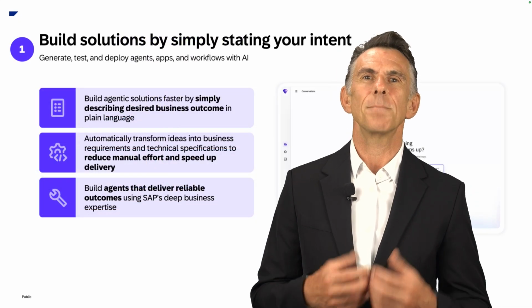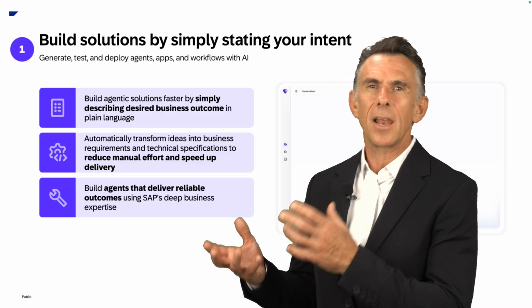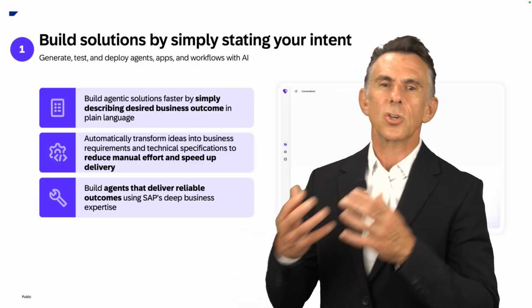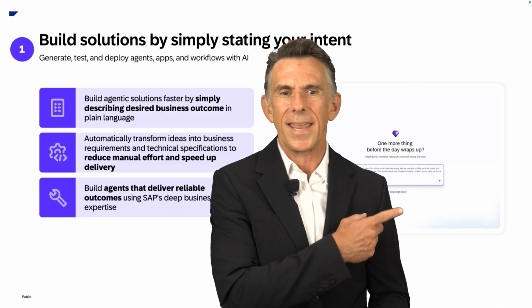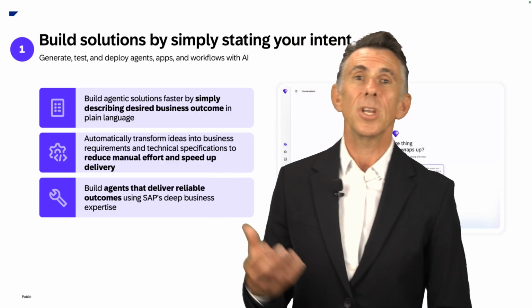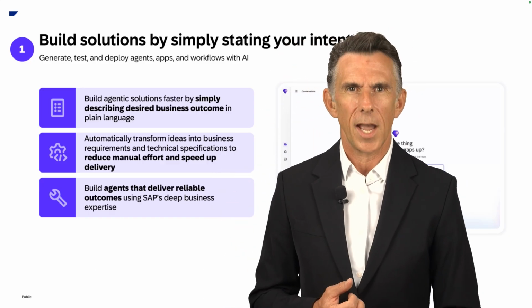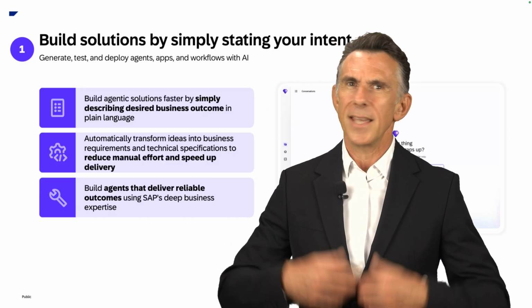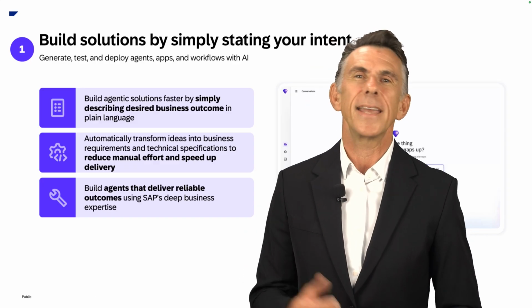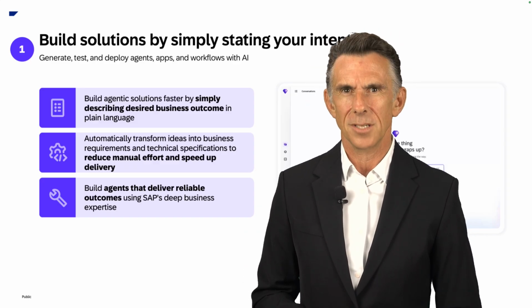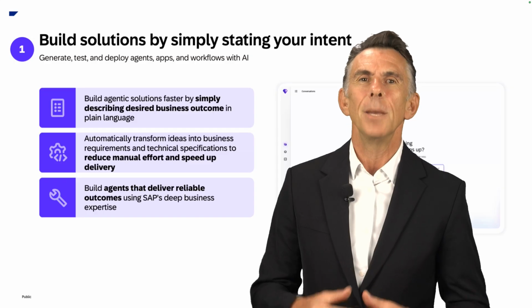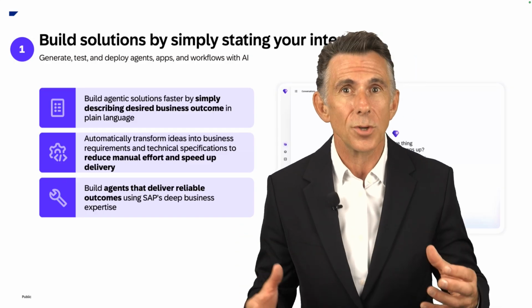First, intent-based development starts with a developer or business analyst describing the problem in plain language. Joule Studio then generates a product requirement document, structured, SAP context-aware, and aligned to clean core principles. That PRD becomes the team's shared source of truth.